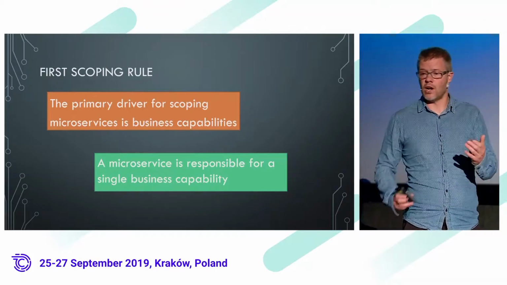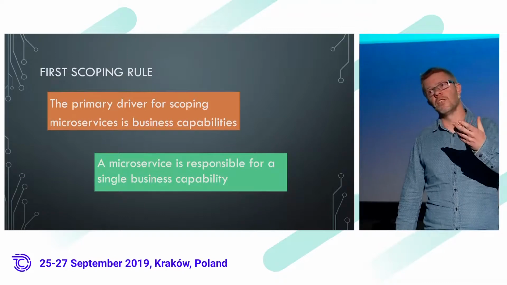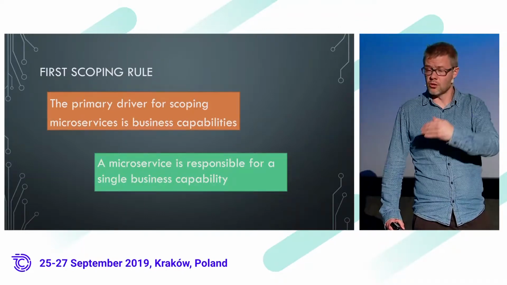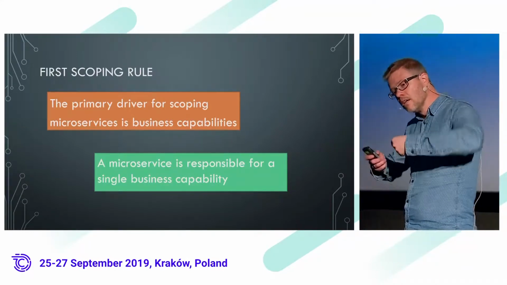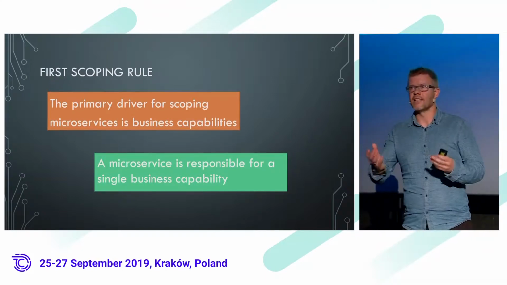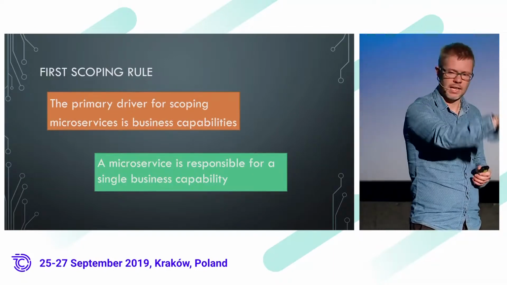The primary driver for scoping microservices is business capabilities. So we need to discover these business capabilities through talking to real experts, identifying the bounded context, drilling down further, finding these business capabilities, and then that informs, okay, so we can build a microservice that handles this.